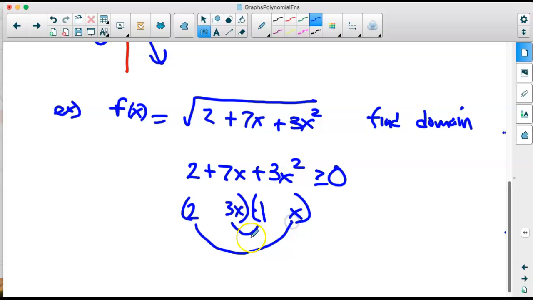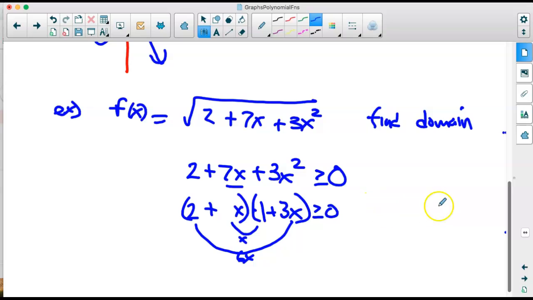That's 2 and 3. That's 5. That's not right. So I need to change the positions. So this has to go here. And I check this. 6 and 7. That works. So this is my factored form of this. This is x and this is 6x. That gives us a 7x in the middle.